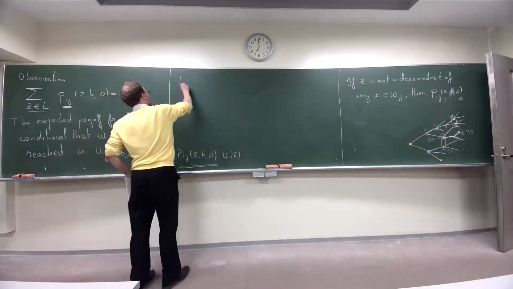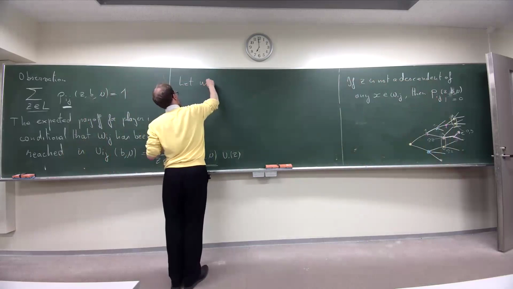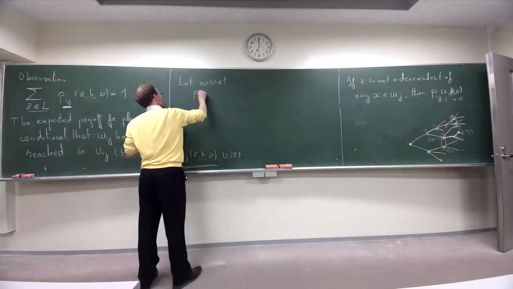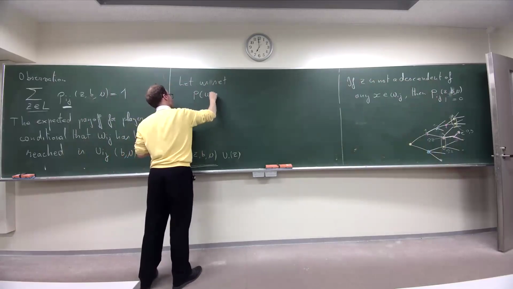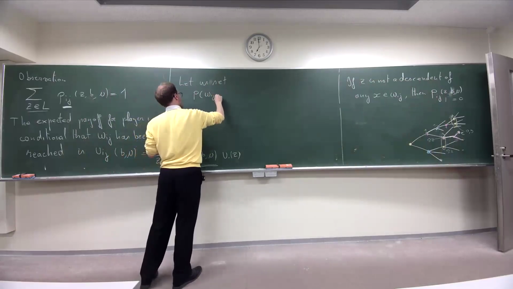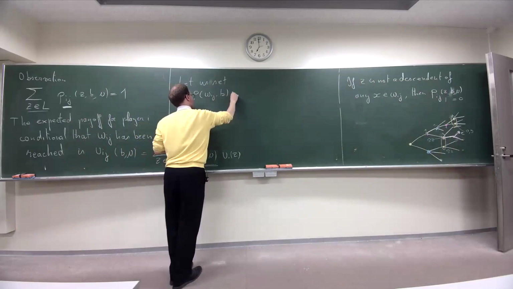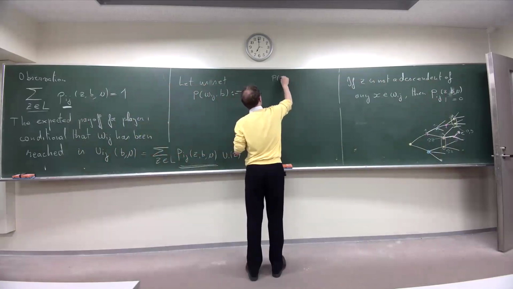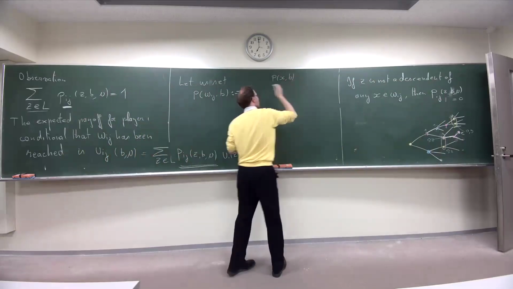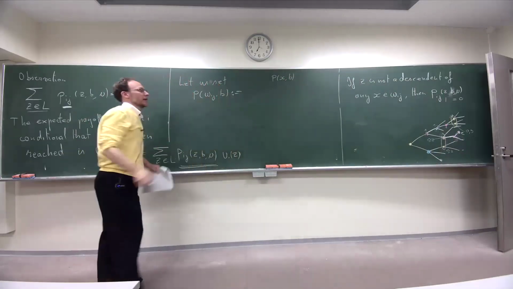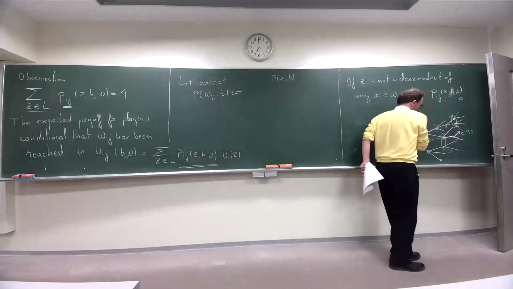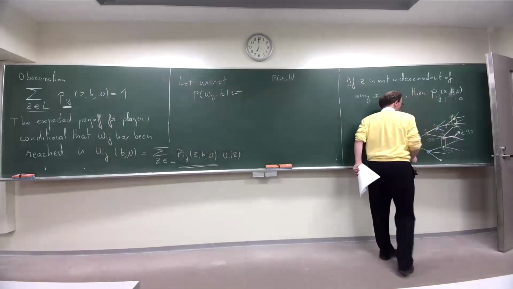Okay, now let me just introduce one more thing. Let us set P of omega ij, B. I haven't introduced this, but it's very natural. Remember, I introduced P of x, B, the probability of being at x, knowing the strategy B, which is simply the product of the edges.